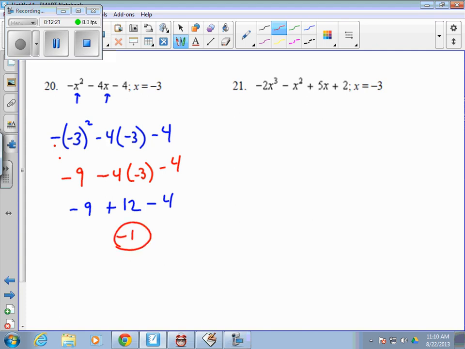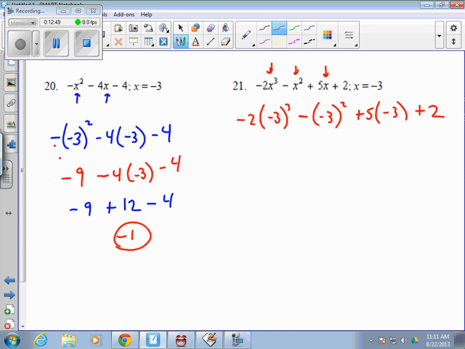And then the last one, number 21, says negative 2x to the third power minus x squared plus 5x plus 2 when x's value is negative 3. So in place of all of the x's, we're going to plug in negative 3. So now we have negative 2 times negative 3 cubed minus, now you have the minus first and then negative 3, just like before, squared, plus 5 times negative 3 plus 2.